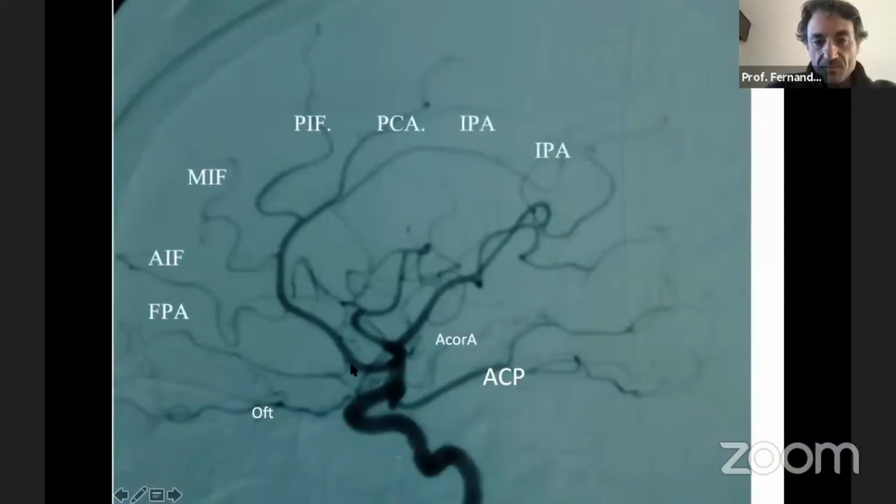And we can see here the frontopolar artery and the three internal frontal arteries: anterior internal frontal, middle internal frontal, and posterior internal frontal. And here, a common trunk from the A4 part. We can identify here the paracentral artery and the anterior internal parietal artery.